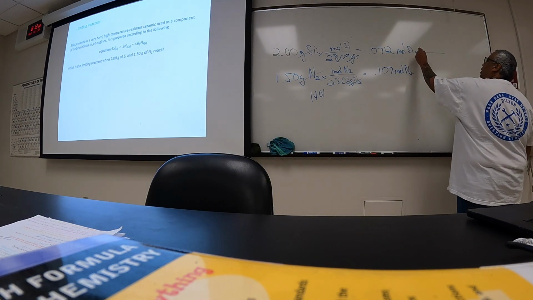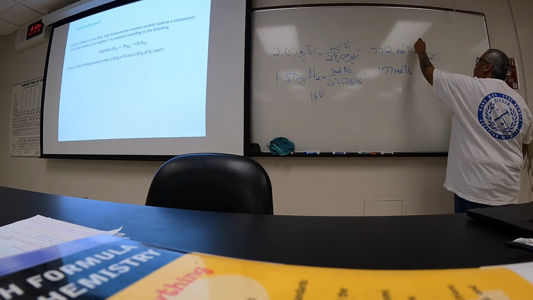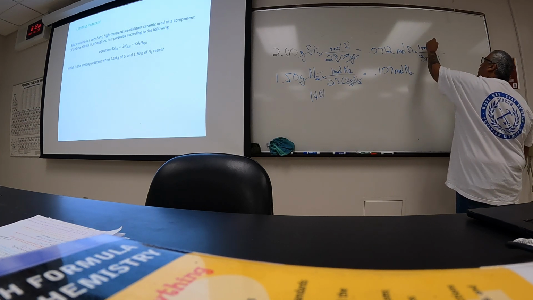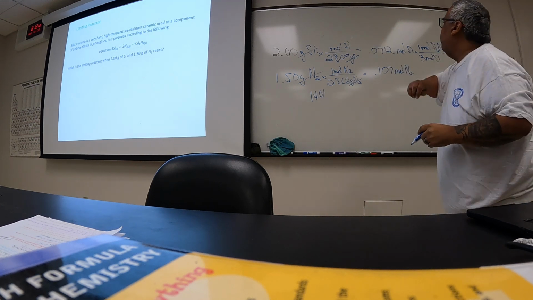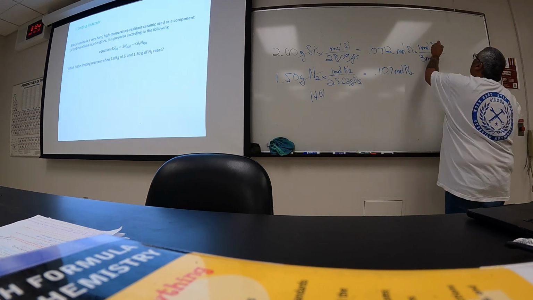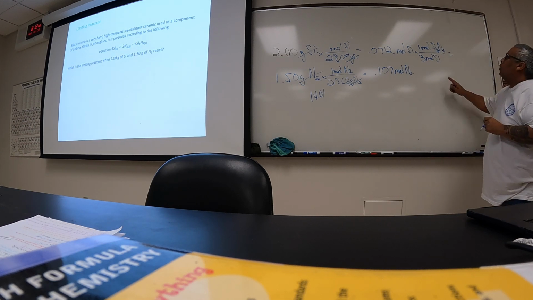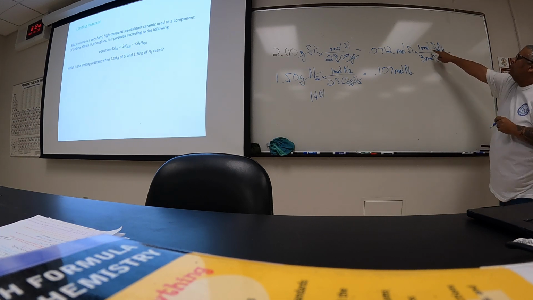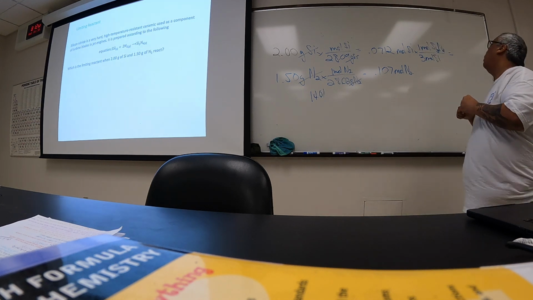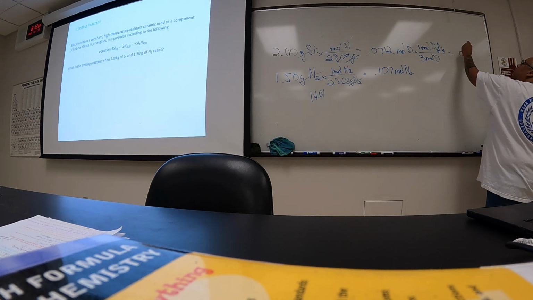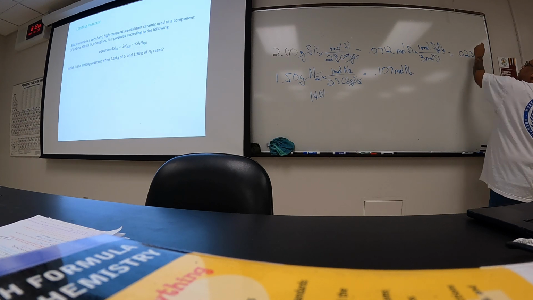So we say for every 3 moles of silicon, there's just 1 mole. So how much of the product am I going to get? 0.0237.